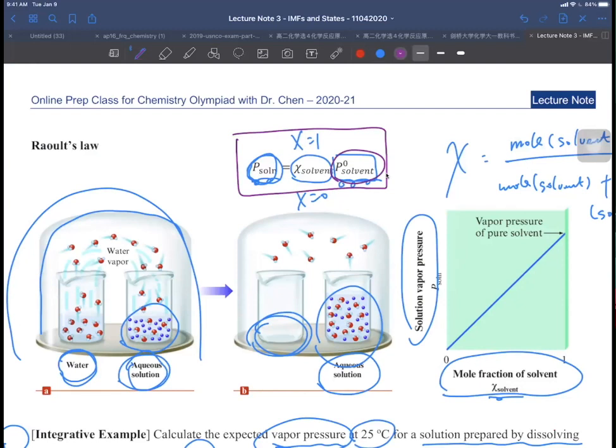So this is why its vapor pressure will be slightly lower. The more solute particles you put in the solution, the more the vapor pressure decreases. So this is why we have the proportional relationship, Raoult's law, right? Does this make sense to you?